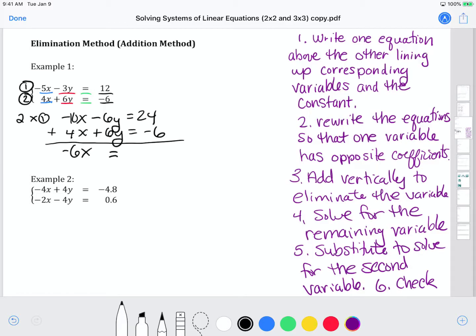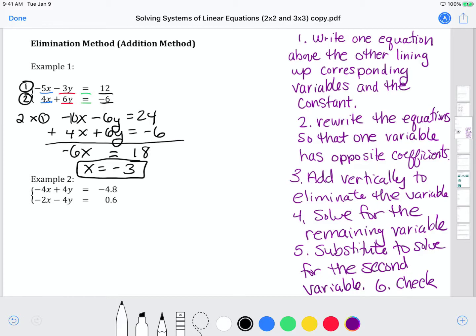And then the 24 and a -6 gives me an 18. Now I've added them vertically, so then step 4 is to solve for the remaining variable. So now I'm going to divide both sides by -6 so I can solve for x. So I've got my first variable, x is -3.